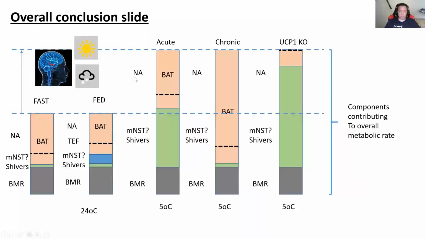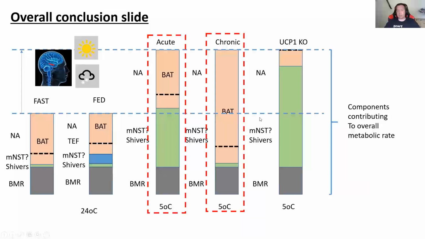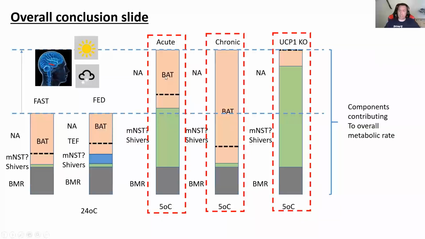So this level is determined by those factors. However, you can have very different amounts of BAT activity, shivering activity under different conditions. And these different events can have profoundly different outcomes for your mouse. For example, at 5 degrees C, after 30 weeks, almost all of these mice would be dead, whereas these ones would be very healthy and very happy.